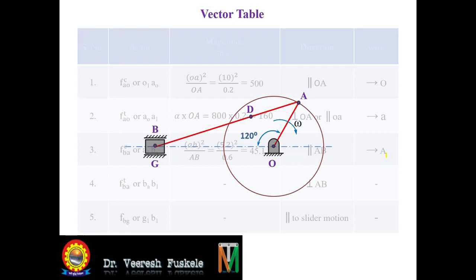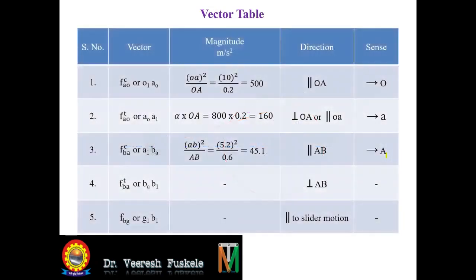Next, we calculate the acceleration of the slider. That means the acceleration of B relative to G. It will be represented by G1 B1. As we don't know the acceleration, we won't be able to calculate the magnitude, but we know the direction, as the motion of the slider will be along the axis. In this case, it will be horizontal.